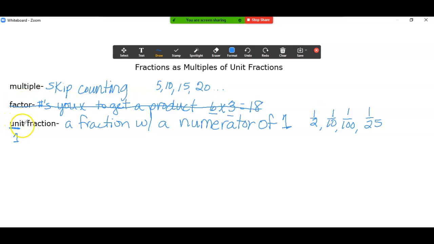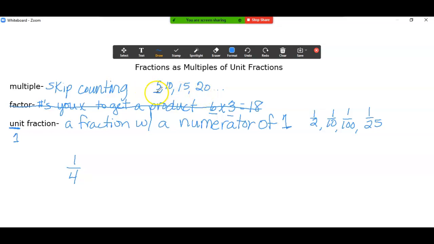So what we're doing today is we're going to be talking about unit fractions as multiples. I'm going to give you an example of that. Let's say that I want to start with 1/4. Just like up here when I was counting, what was I counting by in this list?